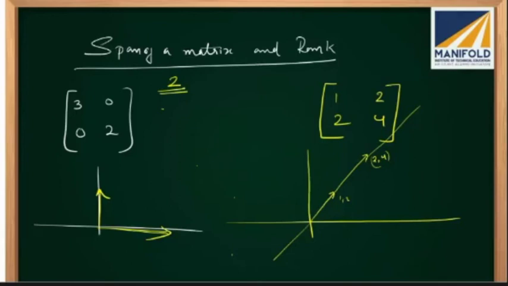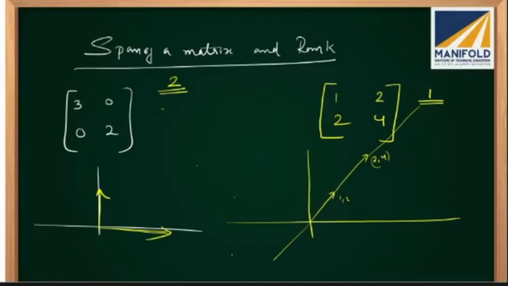So the span of this particular matrix is a one-dimensional space, and so is the rank. Rank is equal to 1. So that is the relation between rank and span of a matrix. Rank will give you the dimension a particular matrix will span.